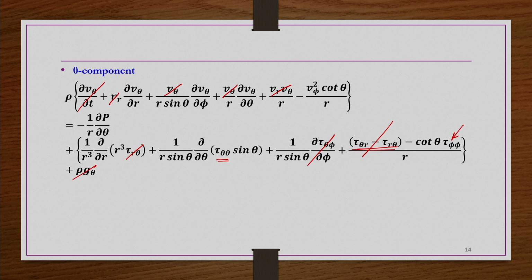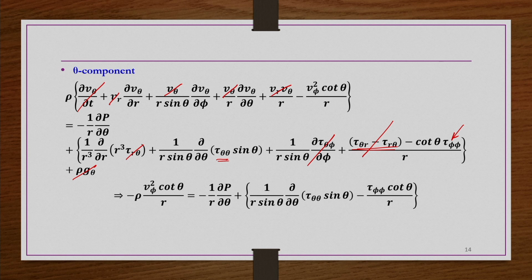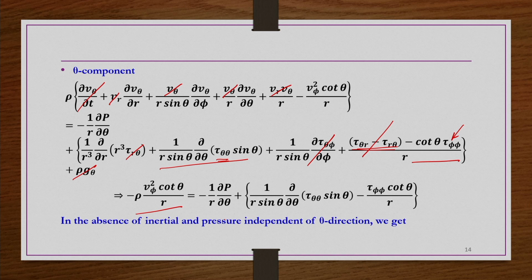Body forces we are not taking, so this is 0. Then we have on the right hand side 3 terms and on the left hand side 1 term, in the absence of inertia in the theta direction and pressure independent of the theta direction. So then this equation we can write like this.